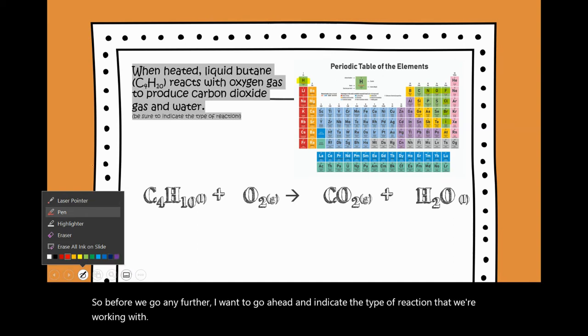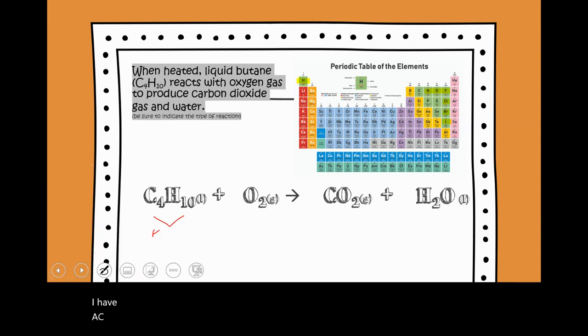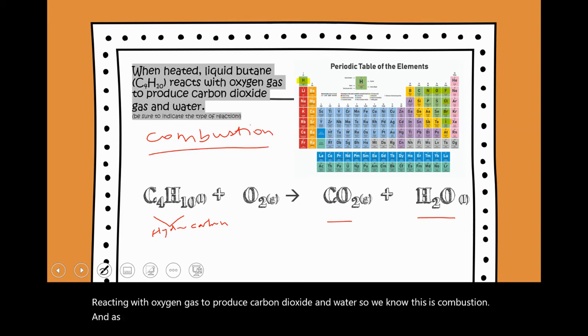Well, I have a CH, so this is a hydrocarbon reacting with oxygen gas to produce carbon dioxide and water. So we know this is combustion. And as a heads up, combustion reactions are generally more difficult to balance than the other types of equations.